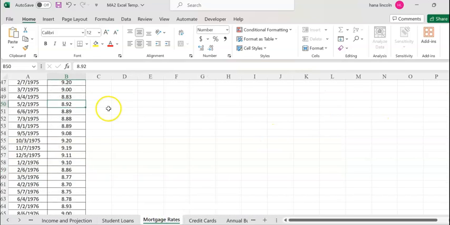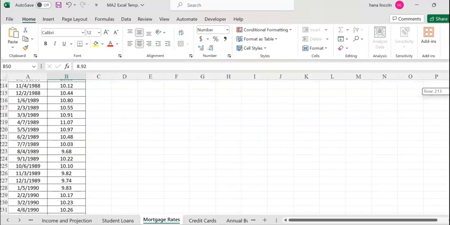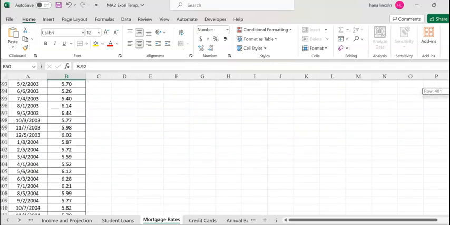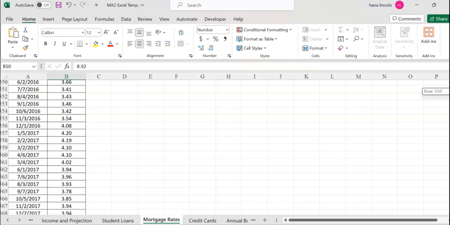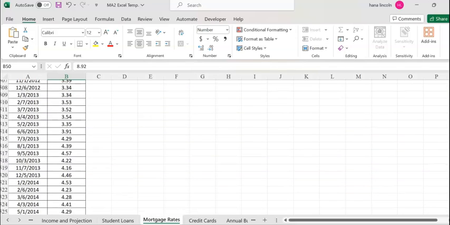So for March 2013, you're going to go down until this is a year. Here's March 2013. It's going to be 3.52.